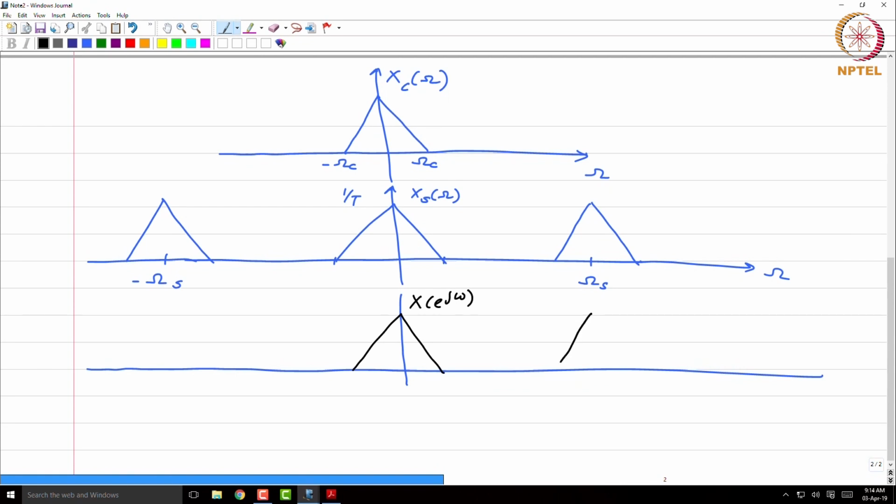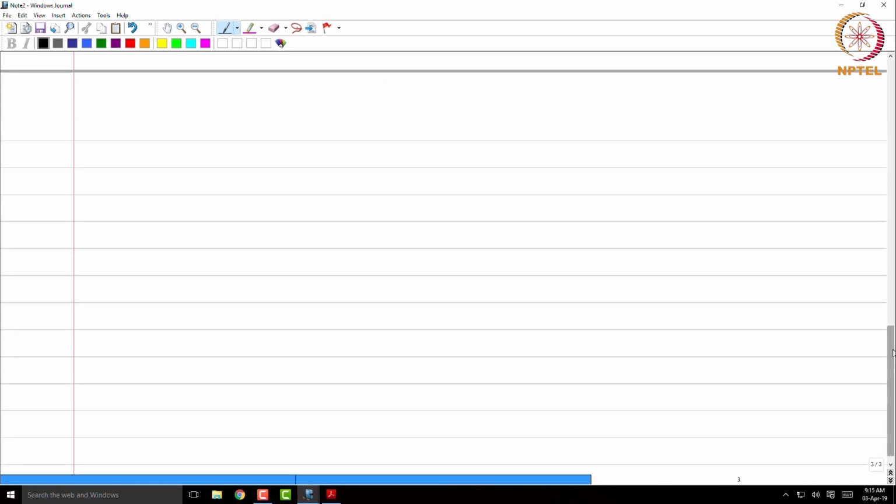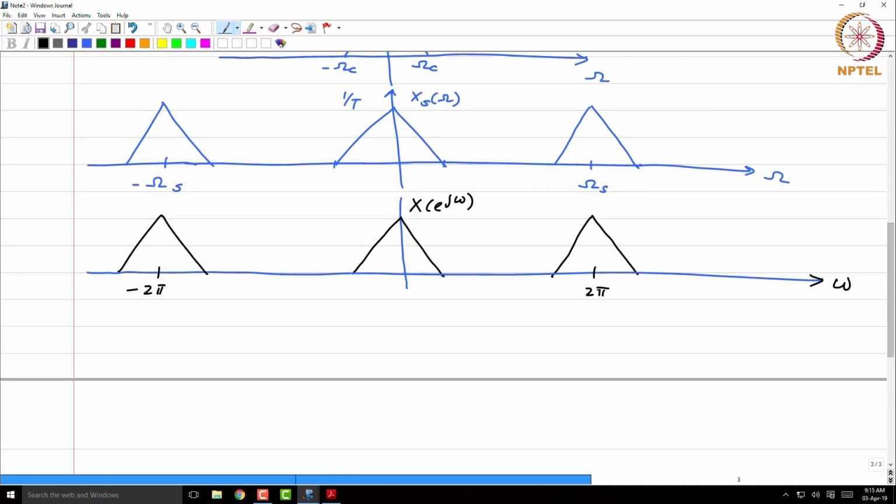This is also periodic, only that its periodicity is 2 pi. Of course, the way I have drawn this, for ease of comparison, I have made this 2 pi line up with omega s. So clearly the second and the third plots are not to the same scale.